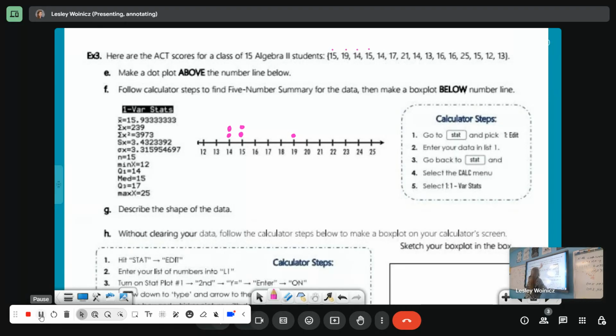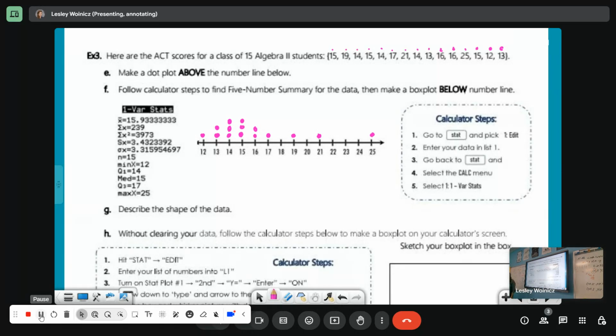Okay, I've got another 14, 17, 21, 14, 15, there's 16, and 25, ooh, and 15, and 12, and a 13. Okay, how did I do?